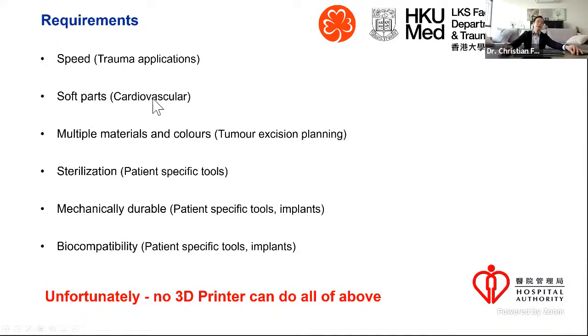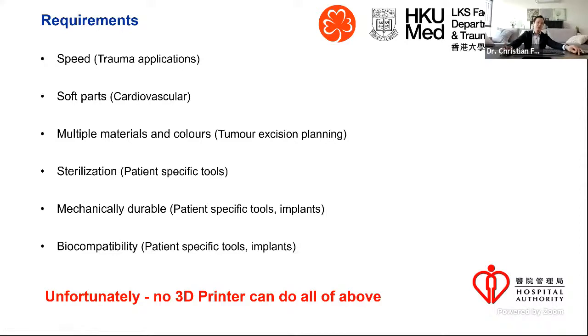Cardiovascular surgeons or cardiologists, they may need the parts to be softer, so a rubbery material. Like Dr. Casey Wang, tumor excision planning, he may want multiple materials, multiple colors, and patient-specific tools. You need the tools to undergo high temperature sterilization, like the steam autoclave we use. That's 132 degrees.